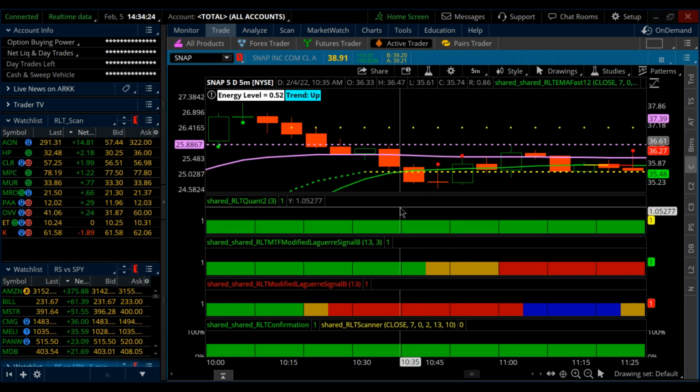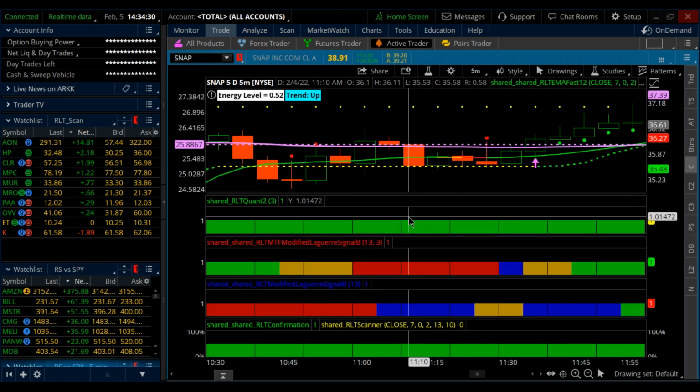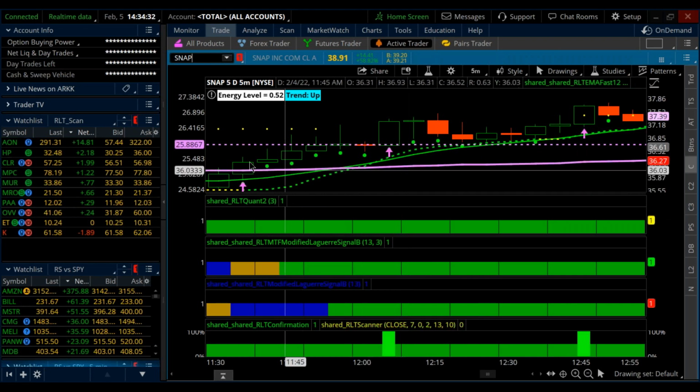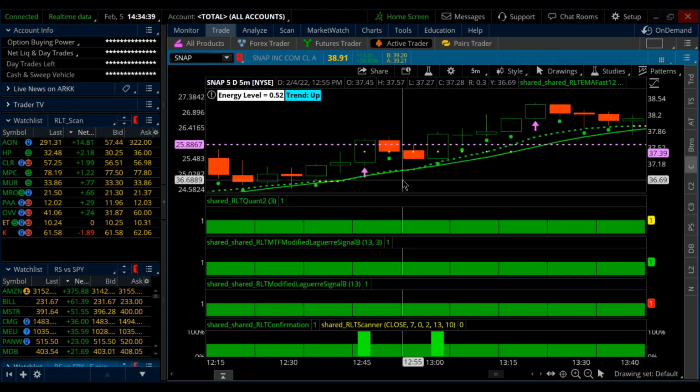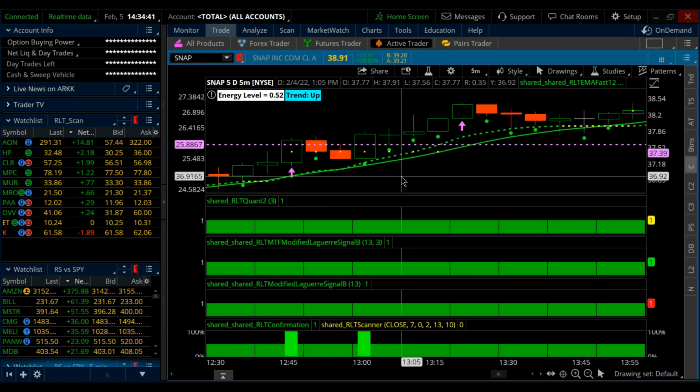It's the visual presentation that's so helpful because I can look real quickly and see what's going on. Then you have to internalize it. You've got to get used to looking for these compressions and buy signals and things like that. But once you're used to it, it's really, really easy to use, and it's going to really help your trading discipline.